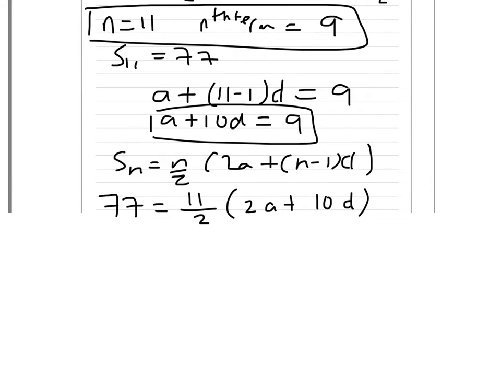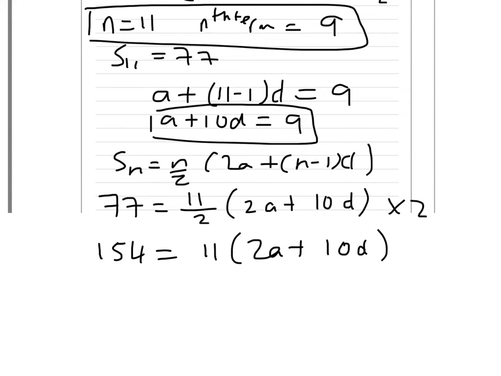This is our second equation, but of course we can make it a wee bit easier by multiplying it out, first of all by 2. So we have 77 times 2, which will give us 154, is 11 times 2a plus 10d, and then multiplying the 11, 154 is 22a plus 110d.